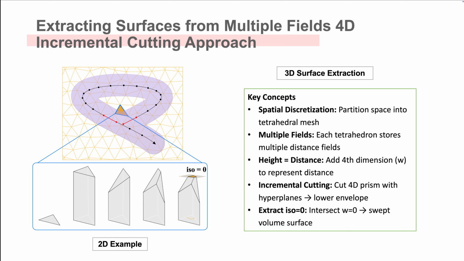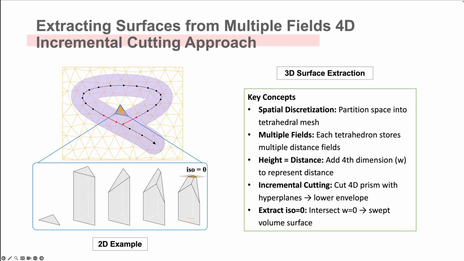Incremental cutting: cut a 4D prism with hyperplanes from each field, keeping the lower envelope. Extract the W equals 0 level. Intersect the envelope with W equals 0 to get the swept volume surface. The key advantage is that each tetrahedron is independent, making this perfectly parallelizable.